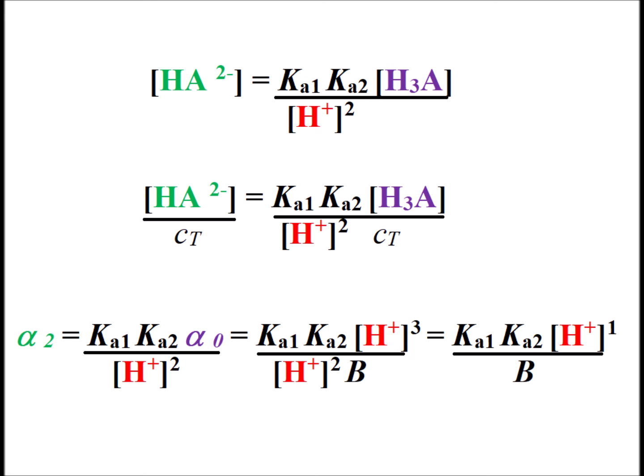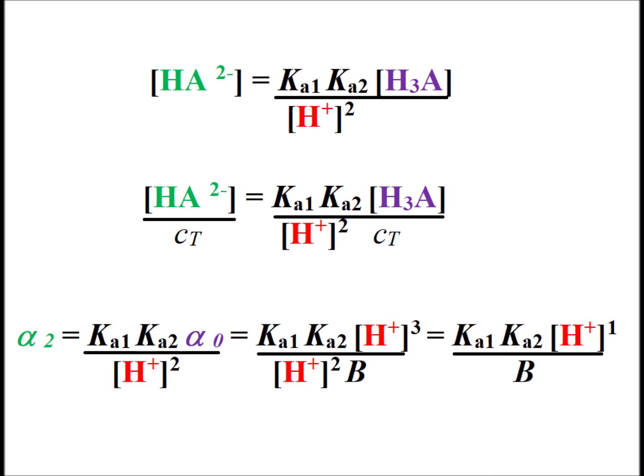We use our previous expression for the concentration of HA2 minus, and again we divide each side by C sub t. The expression on the left-hand side is simply alpha sub 2, and also we notice the part of the expression on the right-hand side, the part that is H3A divided by Ct, is simply alpha sub 0.